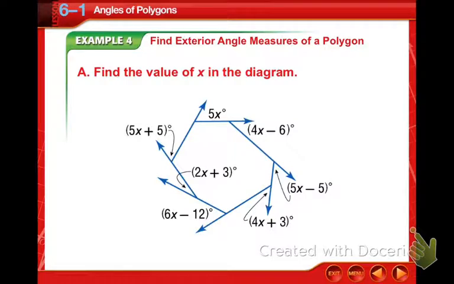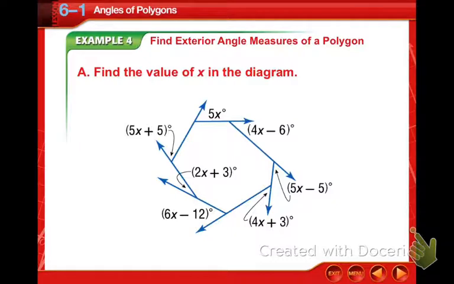So for our example here, we have to add all of these sides together. So it's a lot, I know. And combine our like terms, set it equal to 360, and solve for x. So that's what we're going to do. So I'm going to set it up a bit different than you normally would.